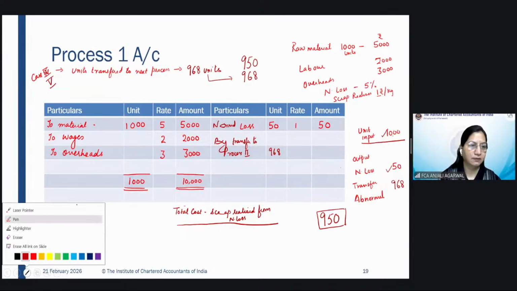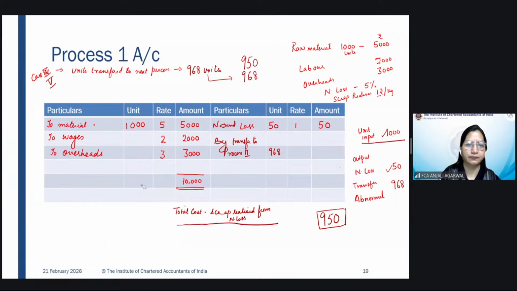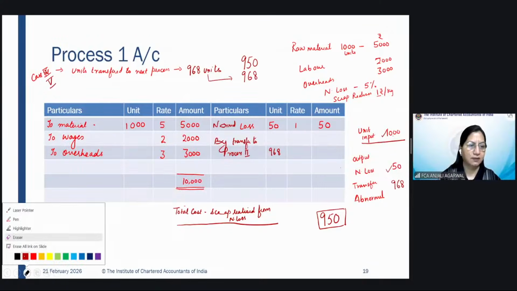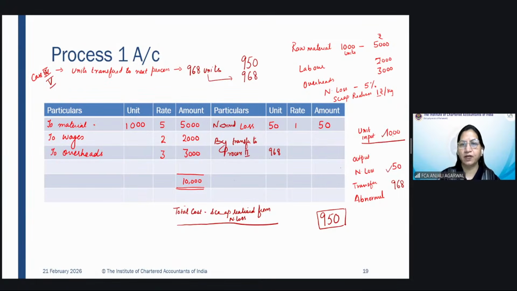Is it totaling? Input is 1,000 units. Output is 50 plus 968. How much does the output become? 1018. It does not match. Output is more, 1018.